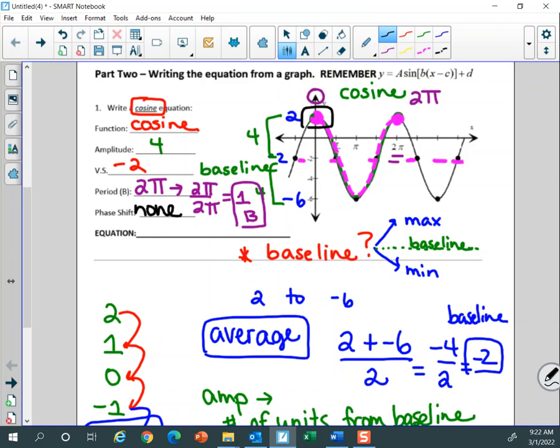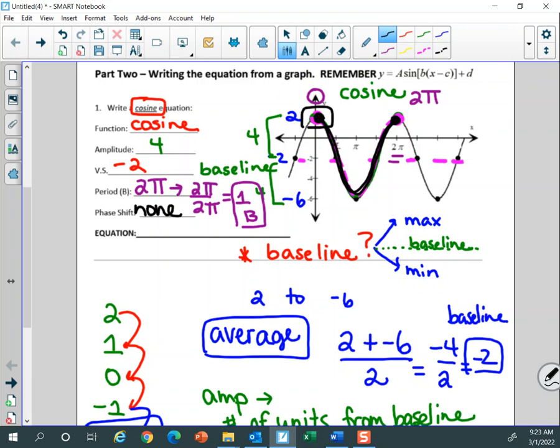So if I pick this section of the graph to be my model, this little piece right here, then I'm talking about a regular cosine model over a period of 2 pi that has no shifting side to side, no phase shift, but it does have a baseline at -2 and an amplitude of 4.